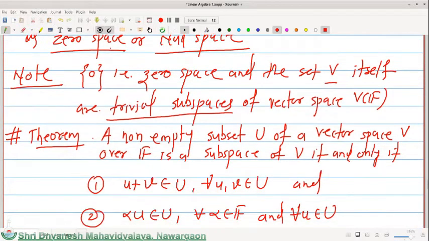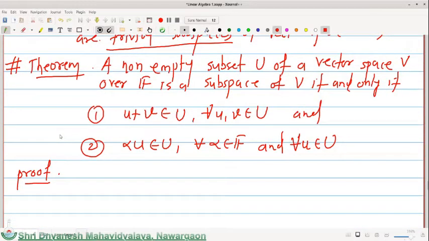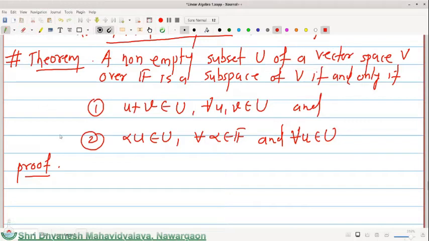Next we will prove one theorem which will give you the conditions for a non-empty set U to become a subspace of vector space V. See the statement: a non-empty subset U of a vector space V over a field F is a subspace of V if and only if, so we have to prove two parts here.